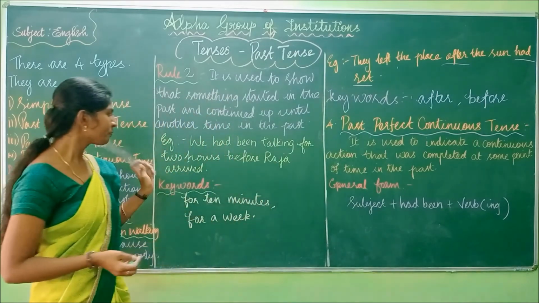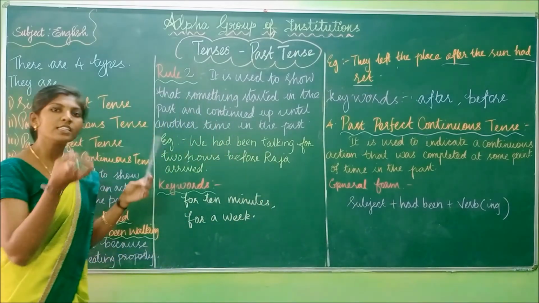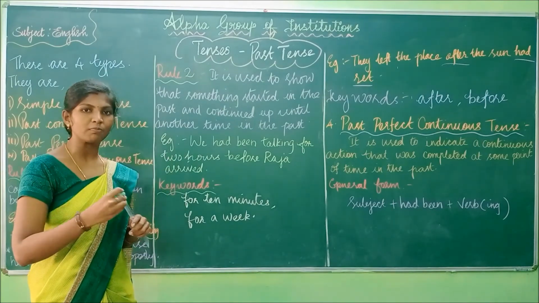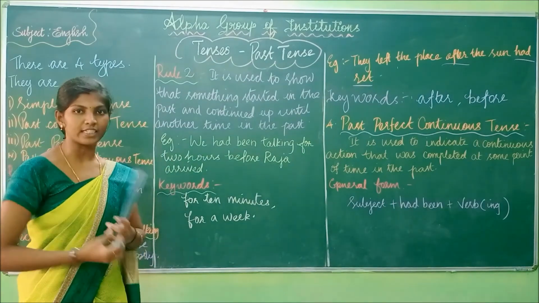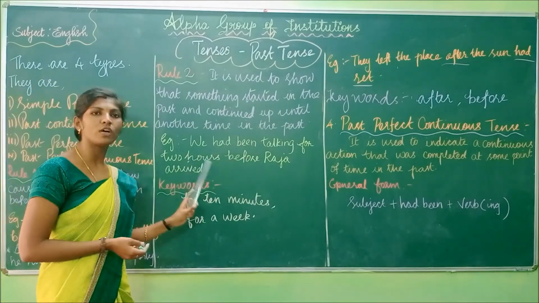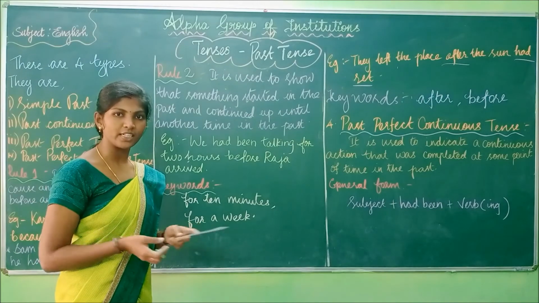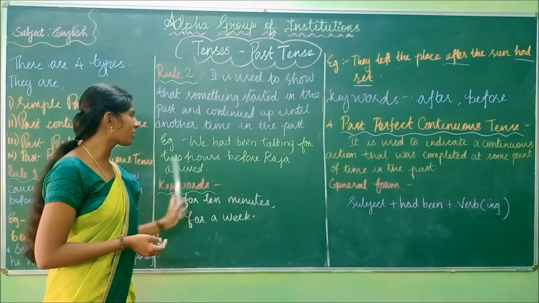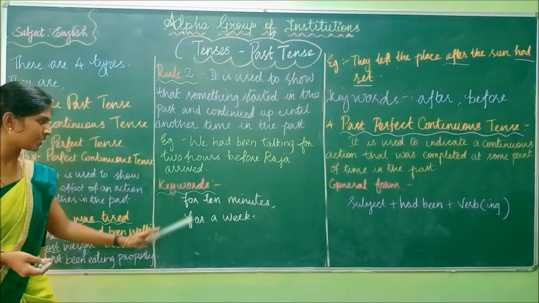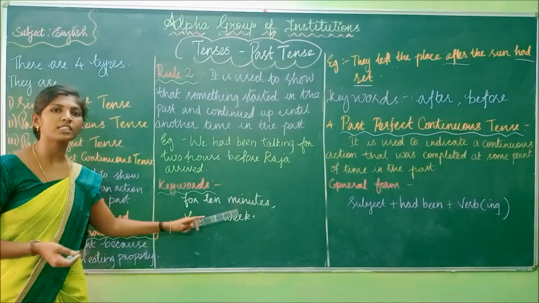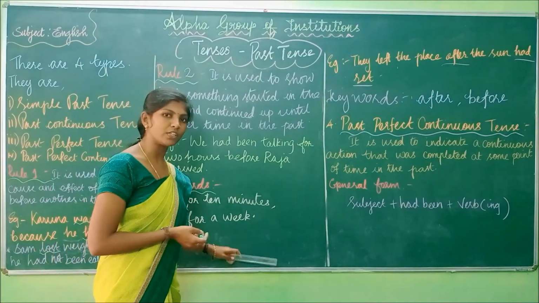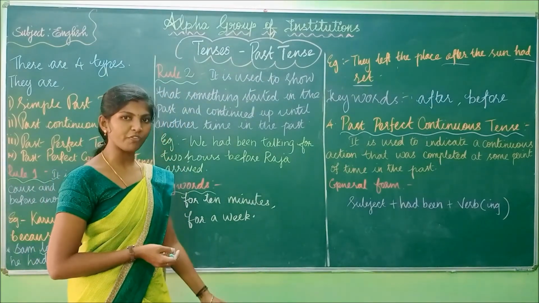But here it is past perfect continuous: something had started happening and it was going on, and it stopped when the other action happened. That is the differentiation. So "we have been talking for 2 hours" is present perfect continuous tense. "We had been talking for 2 hours before Raja arrived" is past perfect continuous tense. So for 10 minutes, for 2 hours, for 3 hours, for a week, for a month, all these are the keywords that we use to find out past perfect continuous tense.